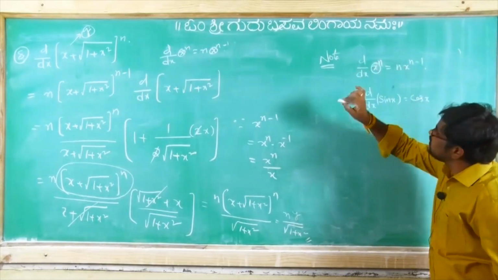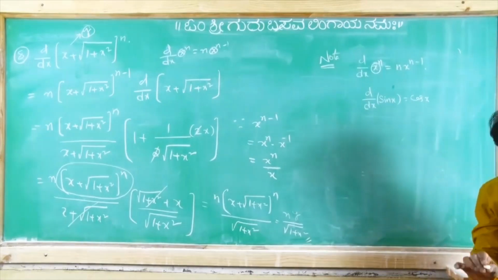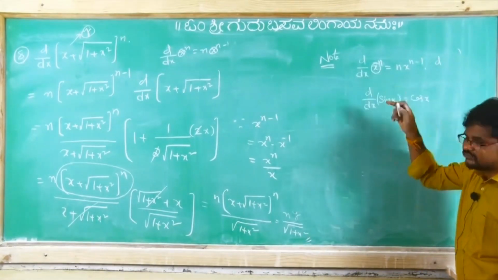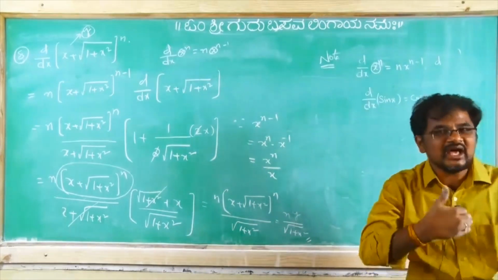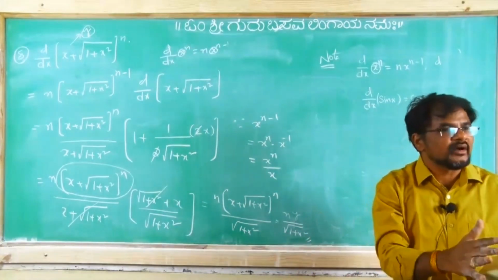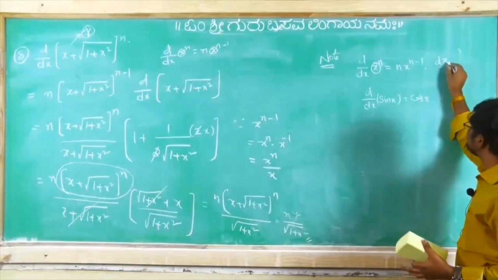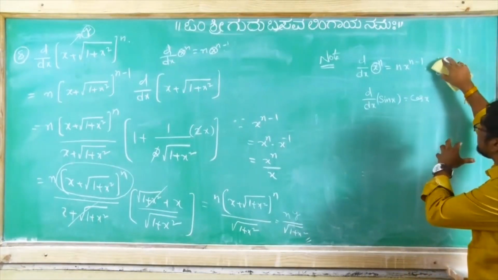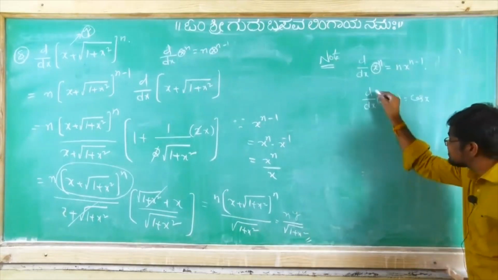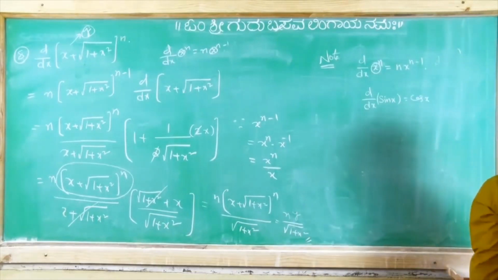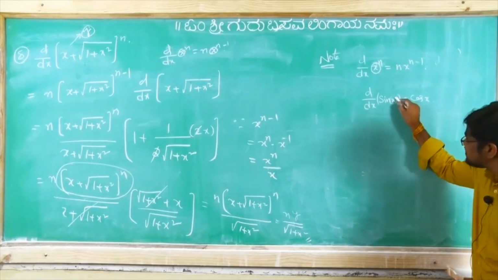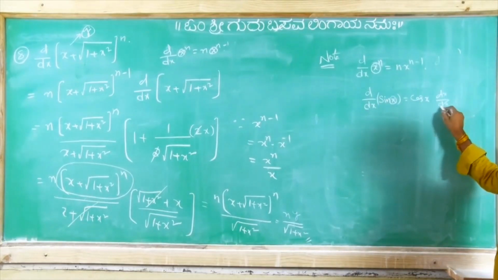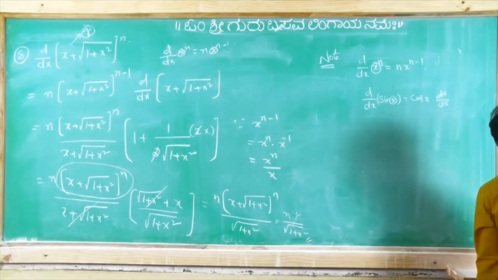Again we have to do the differentiation for what? x also actually. Here x is there, so with respect to x, the variable is also x only. There is no problem. If you do the differentiation for x also, then these two get cancelled. What is remaining here? 1 only. And here also, differentiation of sin x is what? cos x. And again we have to do the differentiation for x also, no? So dx by dx will get cancelled. So that's why you will get 1 only.